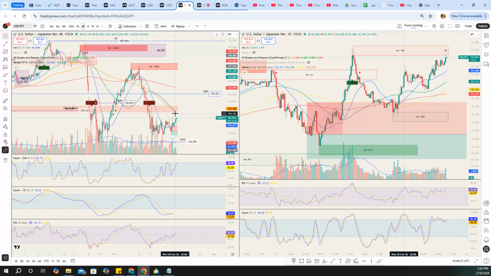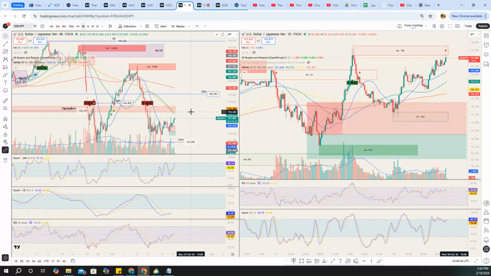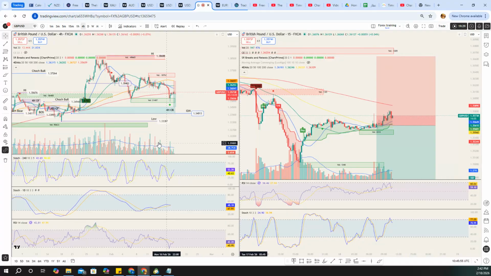It seems to me that it is on its way to that resistance. So hopefully not, but I think it is on its way to go to that resistance. Maybe the difference between the USD JPY and the GBP USD is that this will go down and that will go up to the resistance, and then they will reverse maybe.